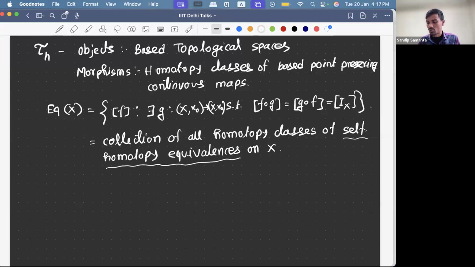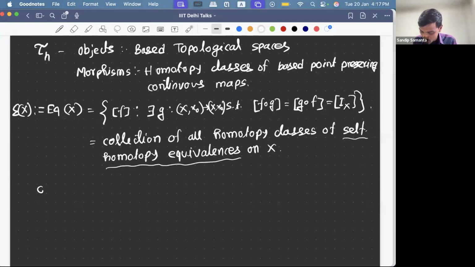That's why it's the collection of all homotopy classes of self homotopy equivalences on X, right? And this is the specific group we are interested in, and we will use the notation script E(X) for this.